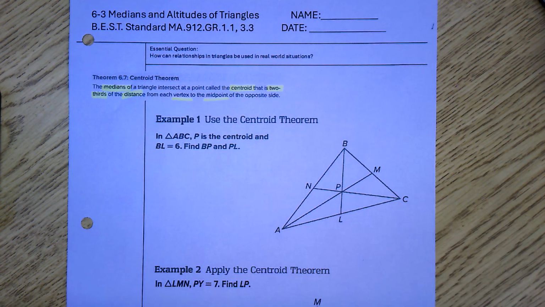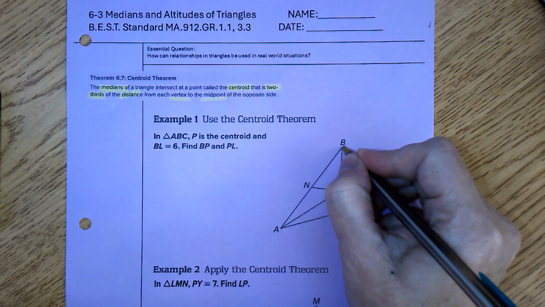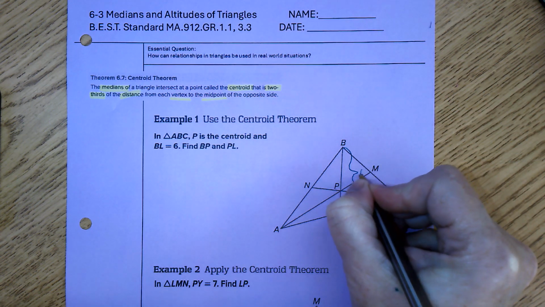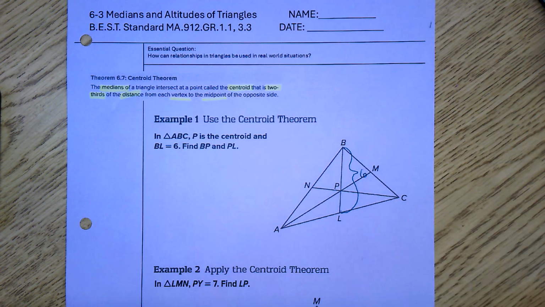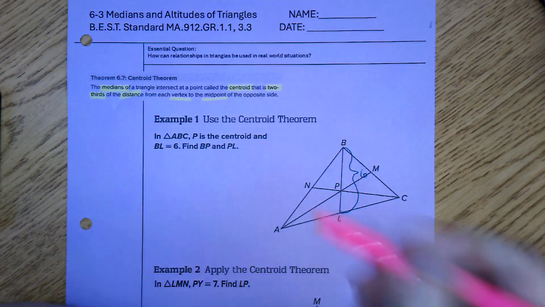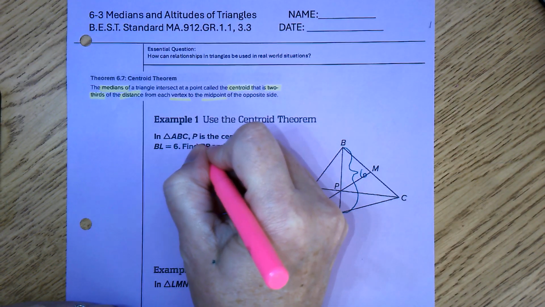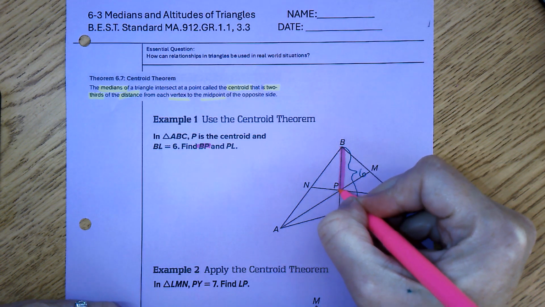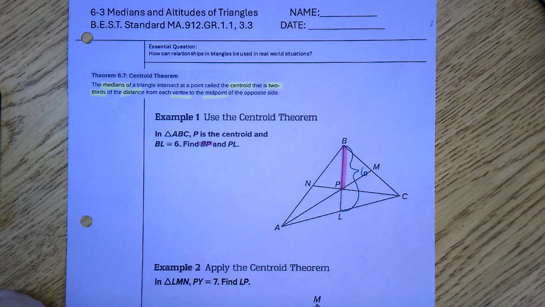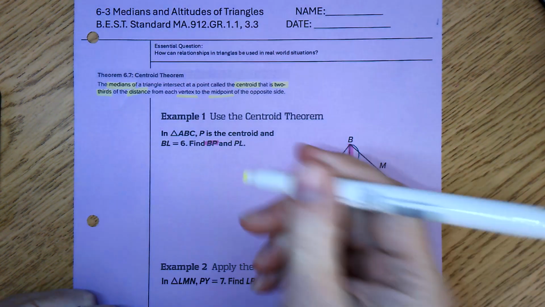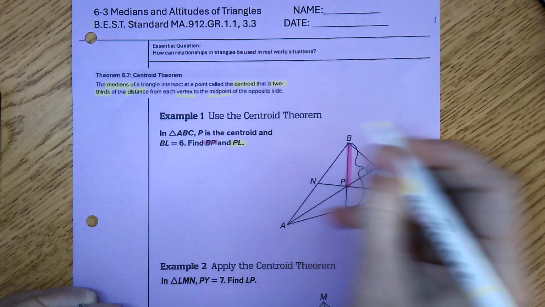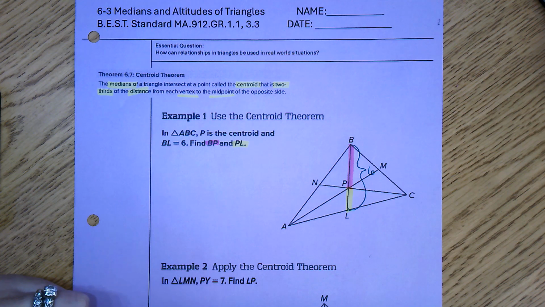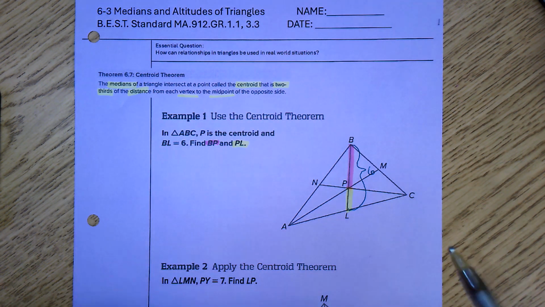BL equals 6. The whole thing, BL, is 6. It wants us to find BP, and then it wants us to find PL. So what's it tell us?